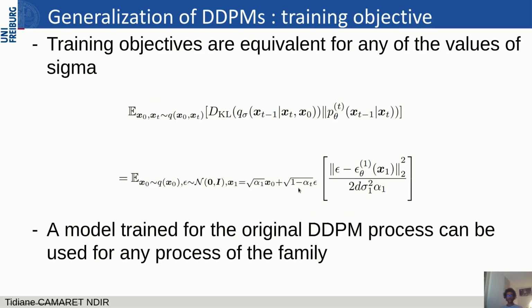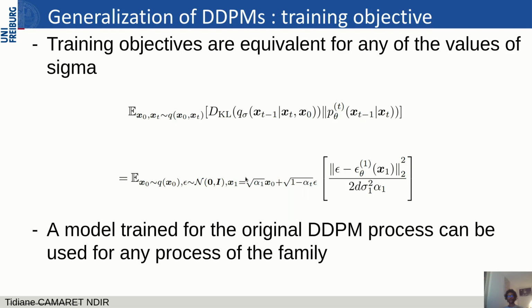All right, so now we have this large family of processes indexed by the vector sigma. So for each vector sigma, a new objective function needs to be trained in order to generate samples. But one interesting thing about this family is that the training objectives are equivalent for any value of sigma. So we can show that the training objective is actually a linear function of the training objective for the original DDPMs.